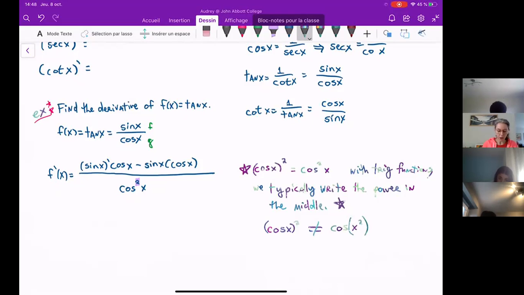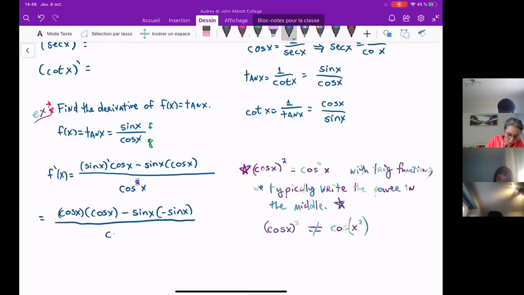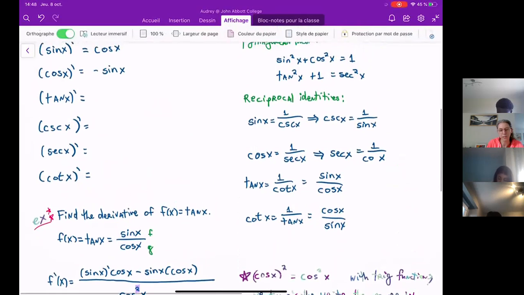Okay, so now we're going to use the derivatives that I gave you guys. We said the derivative of sine is cosine. So I have cosine x times cosine x minus sine x times the derivative of cosine, which we said is negative sine x, divided by cosine squared x. So the derivatives I took are just the ones that I gave you at the beginning of class.